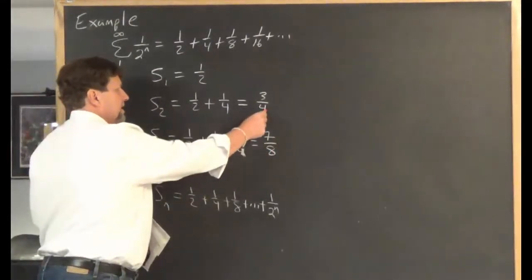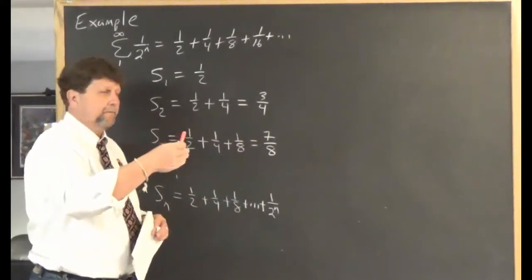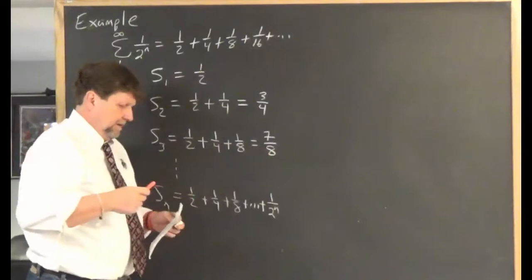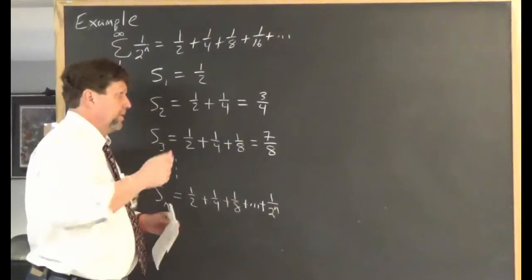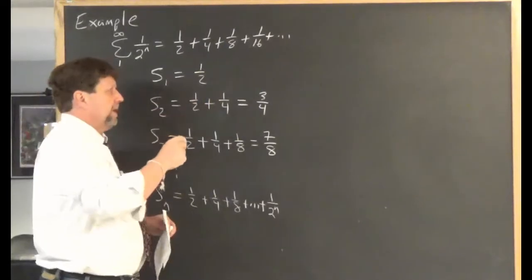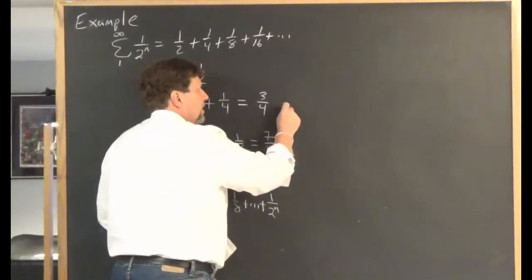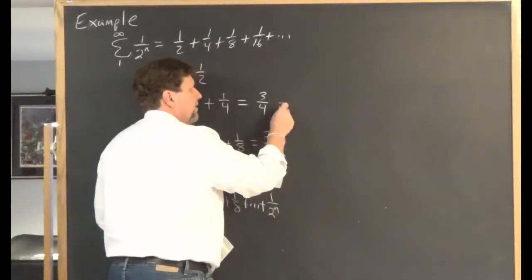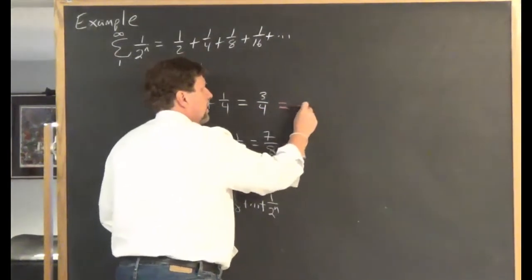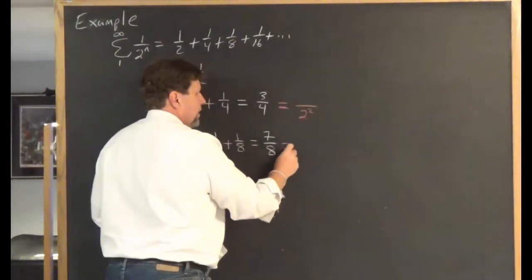It looks like this denominator of 4, that's 2 squared. 8, well, that's 2 cubed. I can even look at the first partial sum: 2 is 2 to the first power. So let me write out here that I've noticed 4 is 2 squared, and I've noticed 8 is 2 cubed.